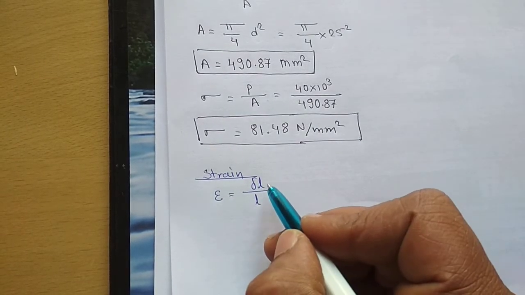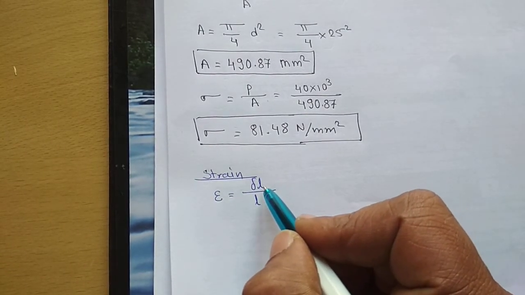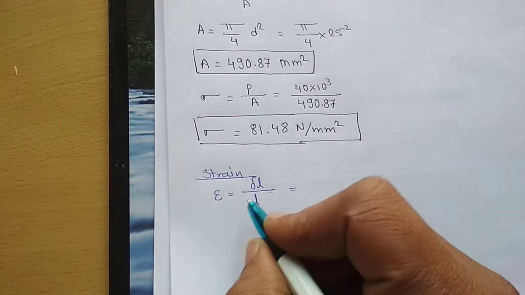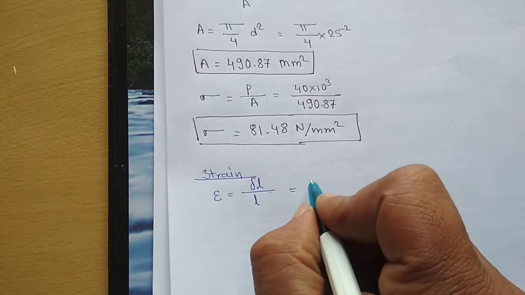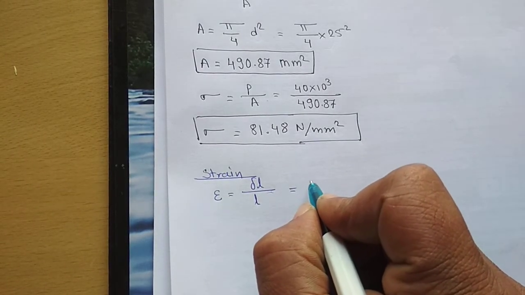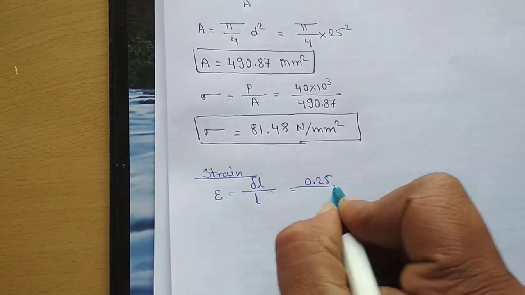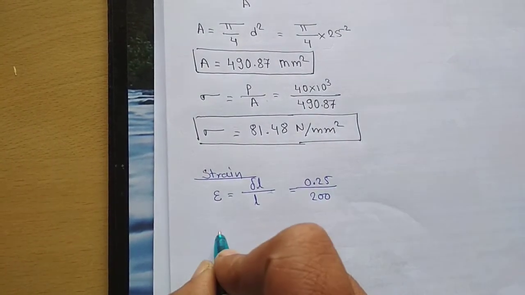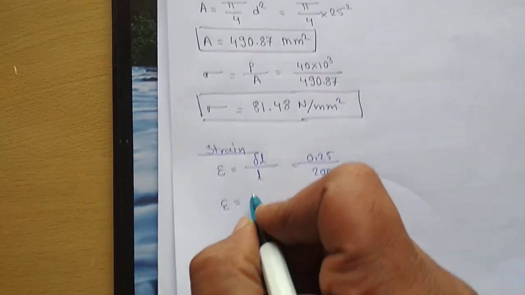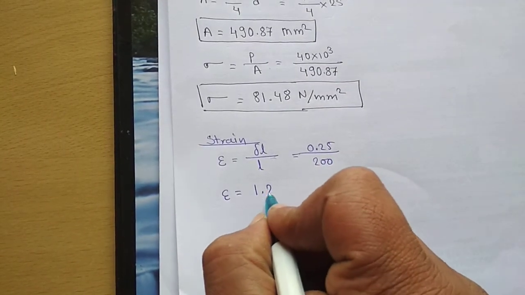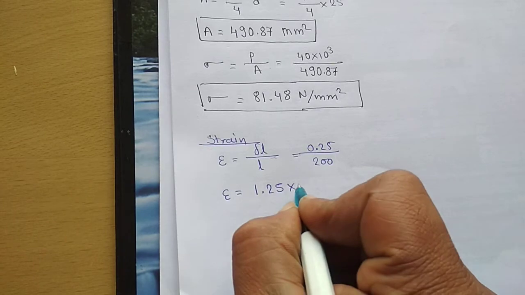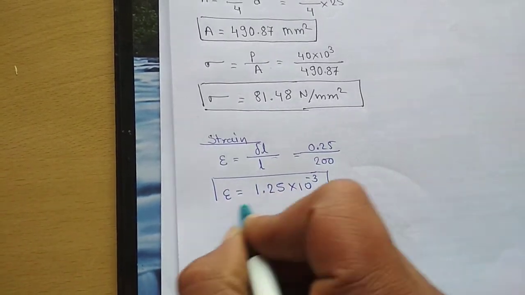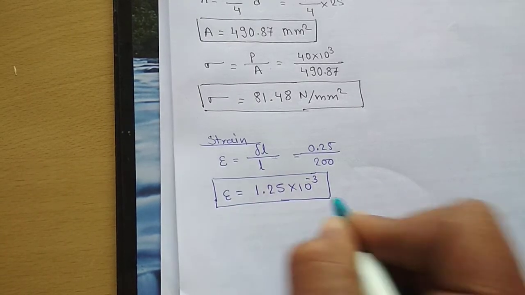Because in the given data they have given change in length and original length also we have, so directly we can take this formula and solve this. Change in length is 0.25 and original length is 200 mm. So strain you will get, that is 1.25 into 10 raised to minus 3. Any unit for this? No, because strain doesn't have any unit.